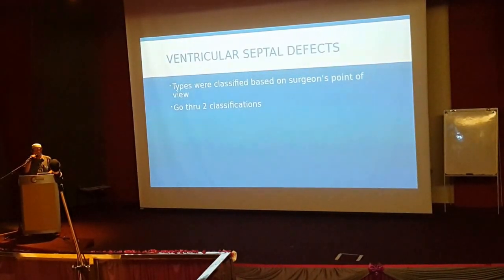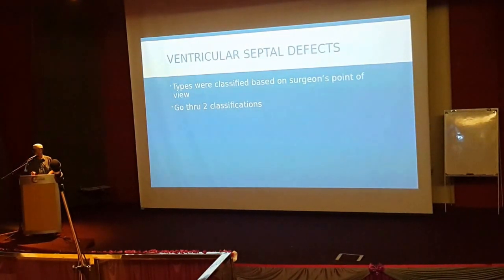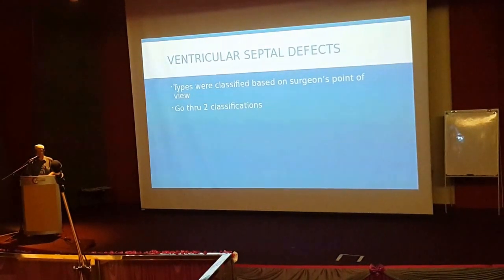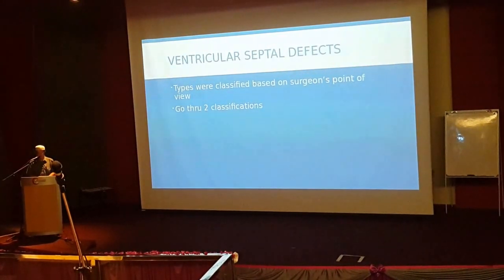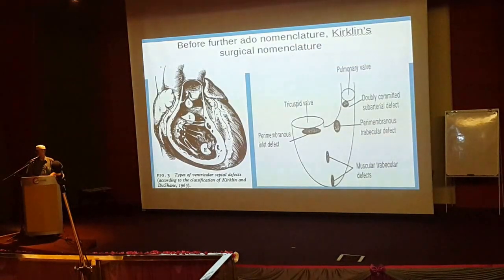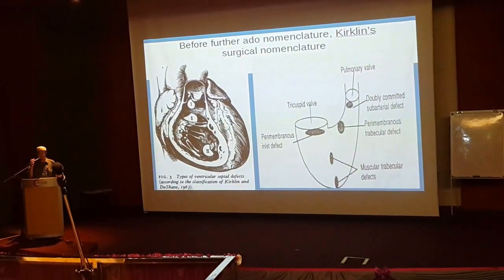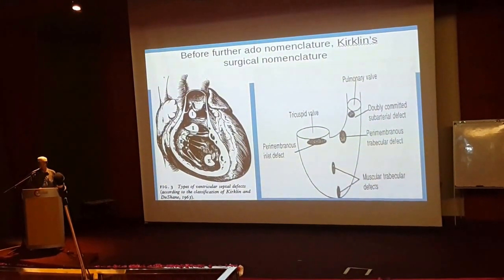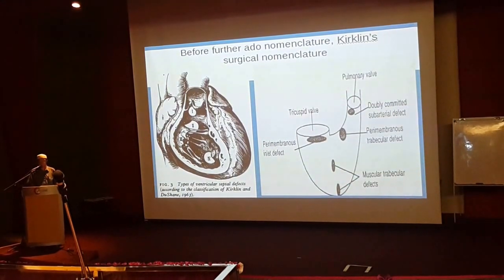People like classifications. What they've done in the past is classify them from the surgical point of view, and surgeons like to classify things and make it simple for themselves. So they classify into what they call type 1 to type 4 VSDs. Then we expanded from there and gave them names.